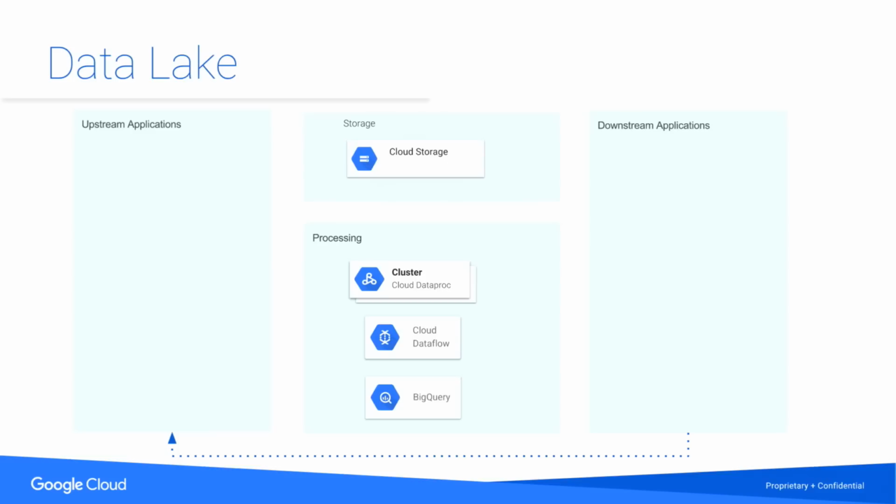You have your upstream applications publishing log data. They might be publishing their transaction data, their catalogs, and then they will be stored into something like Cloud Storage. And then you have processing, which takes that and exports it into a common format that can be made use of by a search engine.